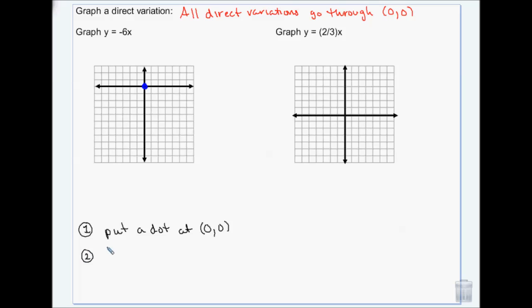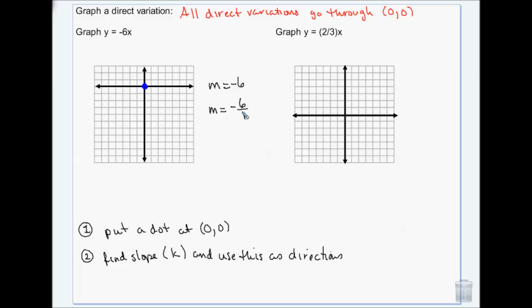Step 2 is going to be find your slope, which is k. And we're going to use that as directions. So in our case, slope is -6, but that's the same thing as -6 over 1.